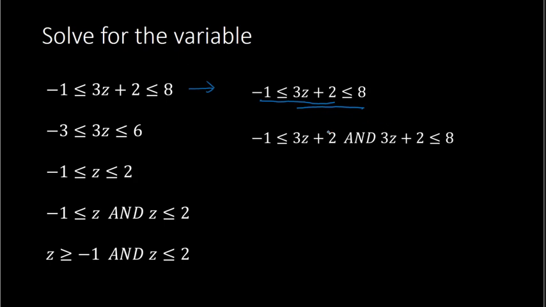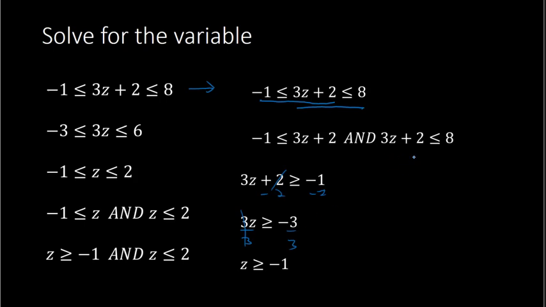So I broke this up into two parts, and I can solve each one separately. For the first one, I could put the 3z plus 2 on the left side and the -1 on the right side. Just make sure the inequality is flipped when you do that. Then to solve, I can subtract 2 to get 3z is greater than or equal to -3. Then divide by 3. So we have z is greater than or equal to -1.